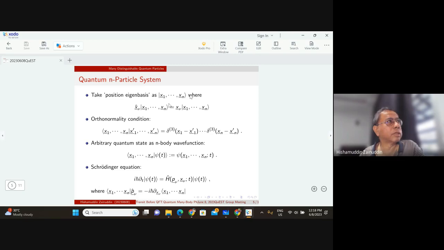So one could think, if we have three position coordinates for each particle, then your configuration space should be 3n. Because these are considered independent, you have to multiply all the possibilities.